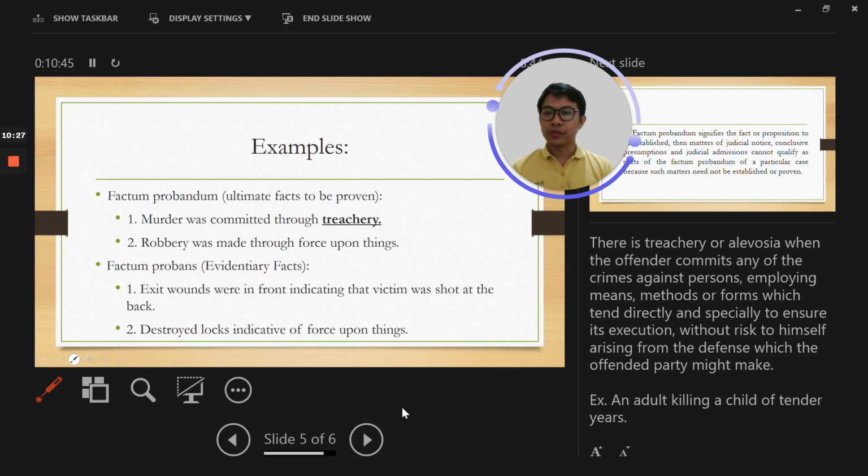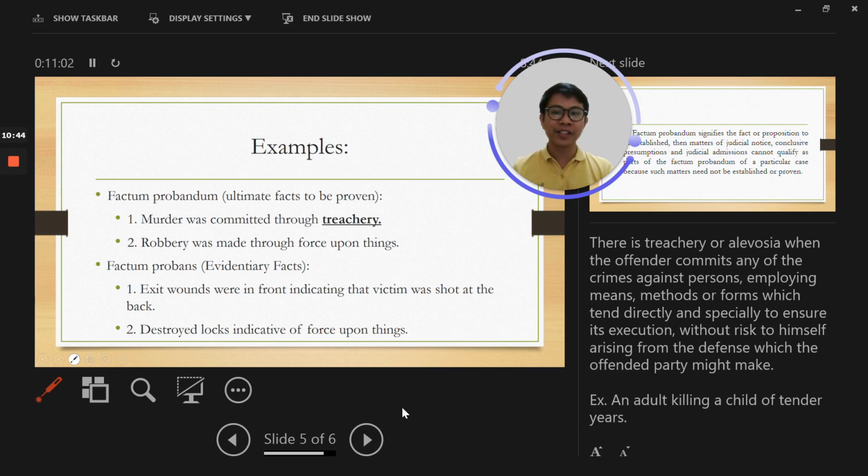So this is the evidentiary fact which proves the ultimate fact. In short, this is the factum probans that proves the factum probandum.